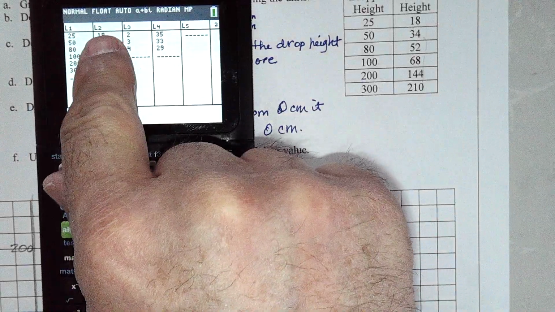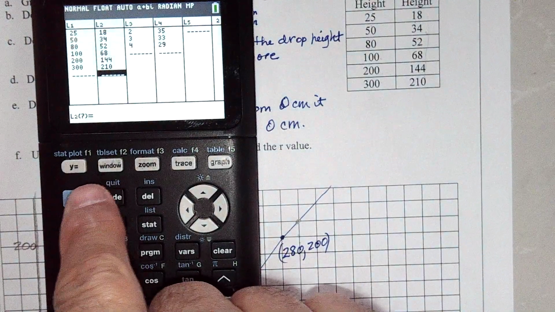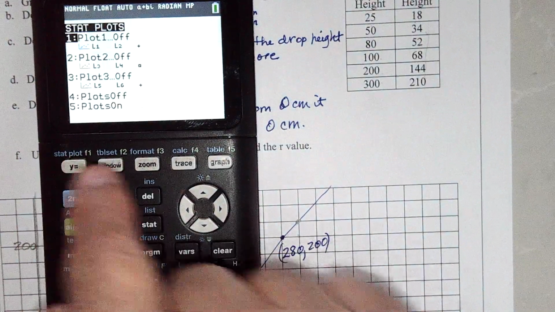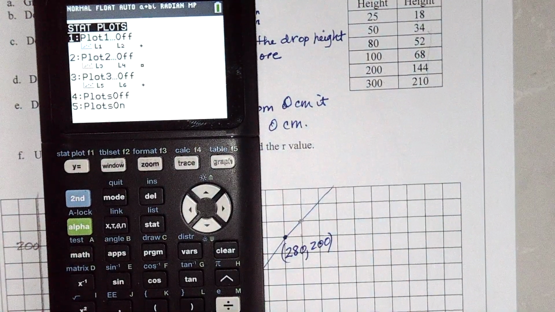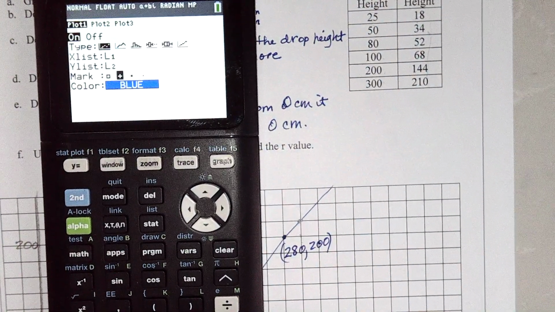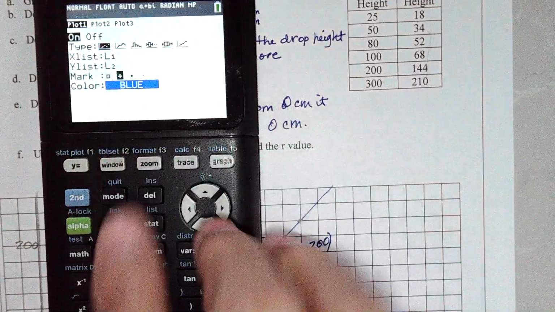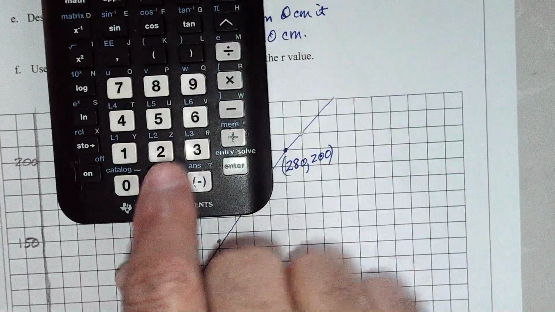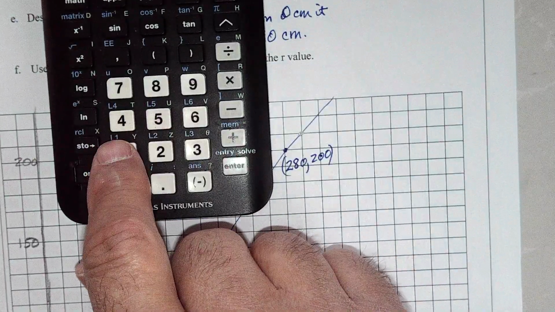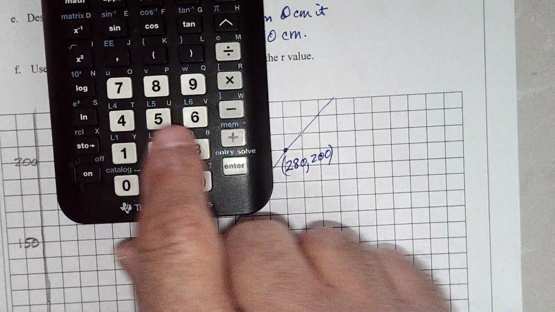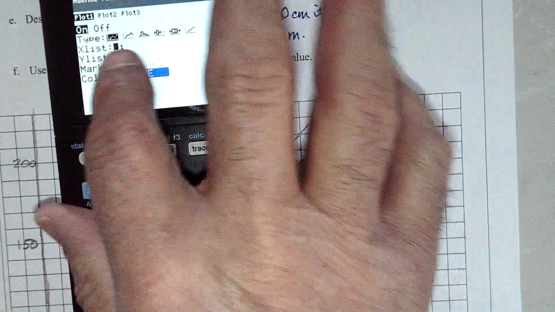And now the X's are in list 1 and Y's are in list 2, so I can go to second Y equals, and I can turn on plot number 1 by pressing enter and enter, and I can change which list they want it to be. I can find list numbers down here above the numbers, list 1, 2, 3, 4, 5, and 6. But it has the right lists.